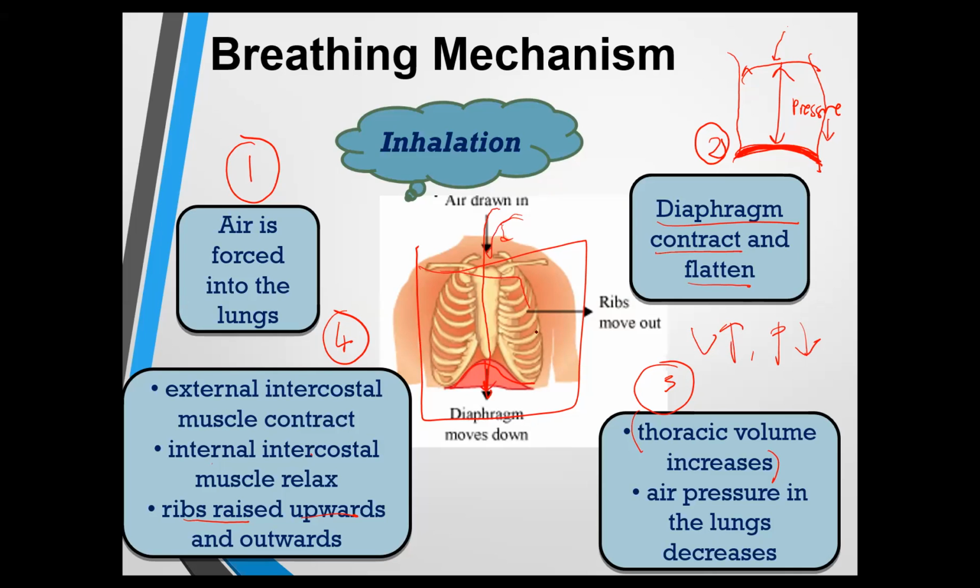So the volume here, when it goes down, I have more space for air to move. Thoracic volume is the space for air to move. More space for air to move. That is what teacher calls the thoracic volume.